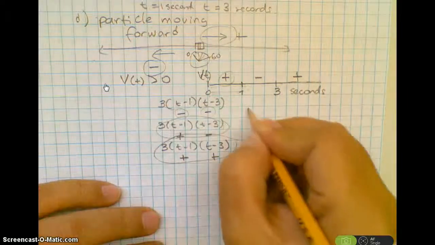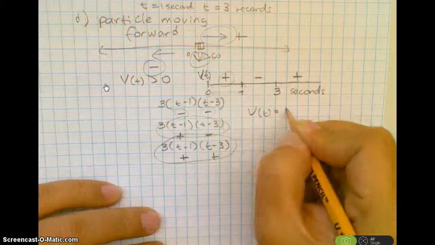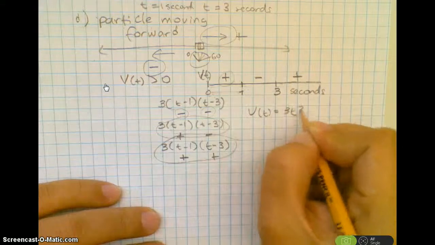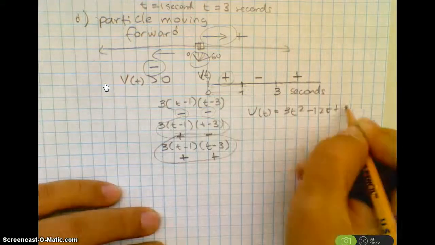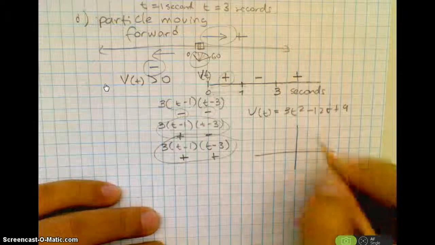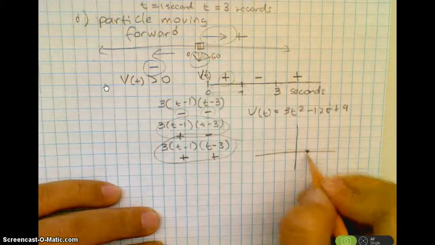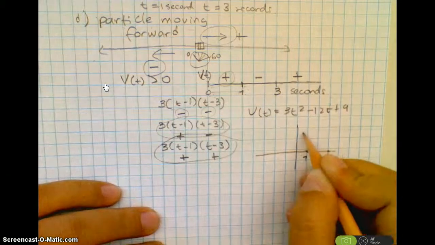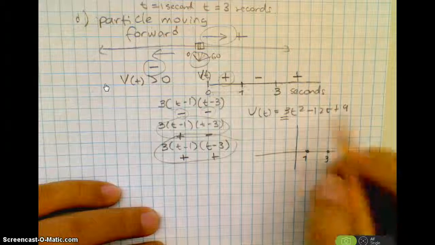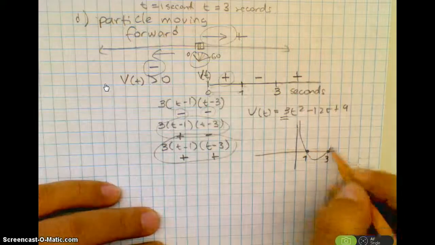Also, if you look at the equation, v of t equals 3t squared minus 12t plus 9. This is a quadratic with zeros 1 and 3. And because the a is positive, it's going to open up.